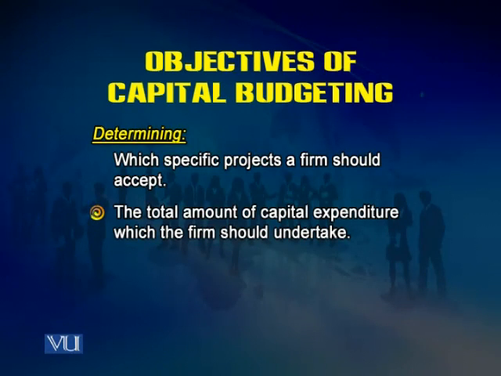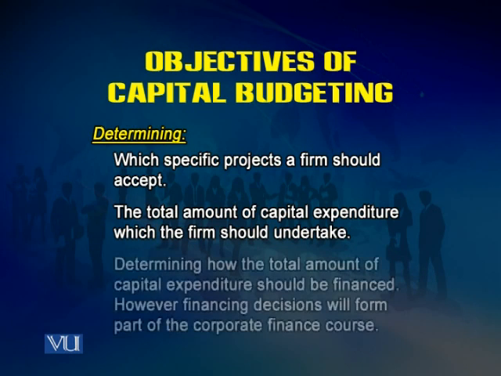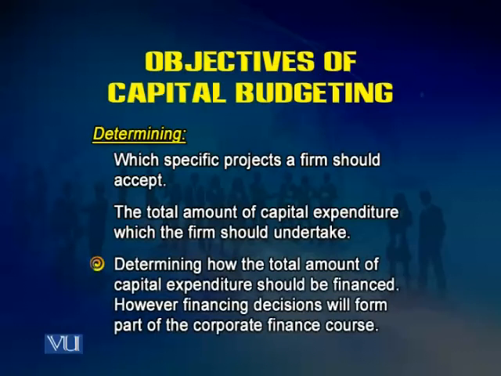Secondly, determining the total amount of capital expenditure which the firm should undertake. And thirdly, determining how the total amount of capital expenditure should be financed. However, financing decisions will form part of the corporate finance course. So we are talking about three objectives.